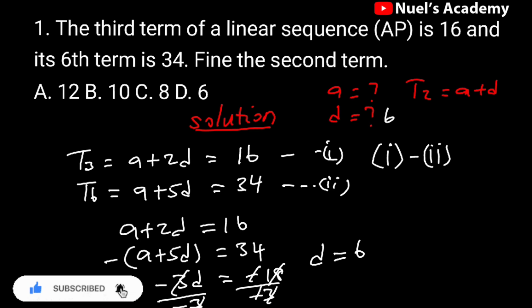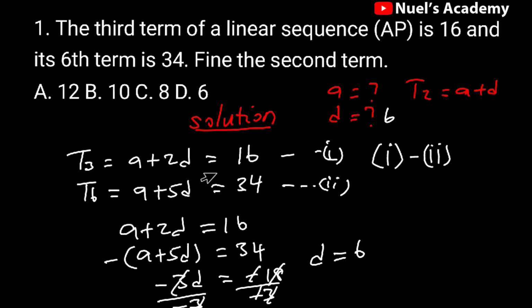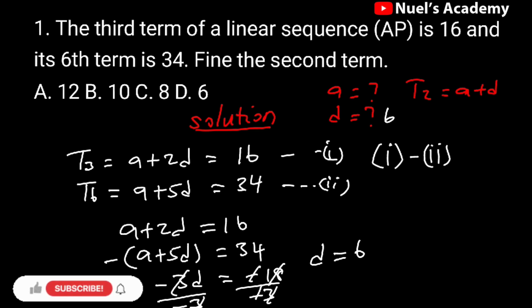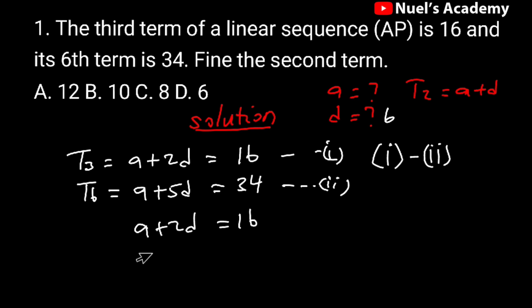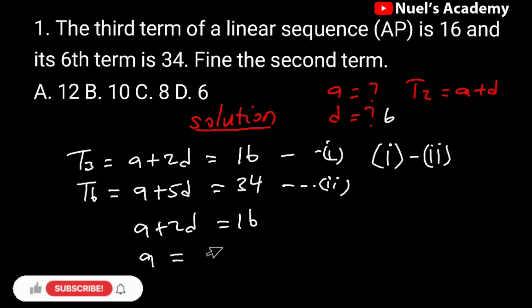Now, having found the value of D, let's use equation I and find the value of A. So from equation I, we have that A plus 2D is equal to 16. Now, we have A is equal to 16 minus 2D.